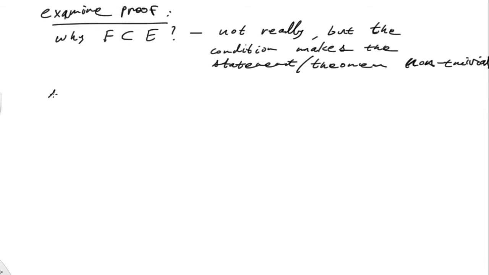So let's actually suppose that F is completely disjoint from E, i.e., F is not a subset of E at all. In fact, it shares no points with it.